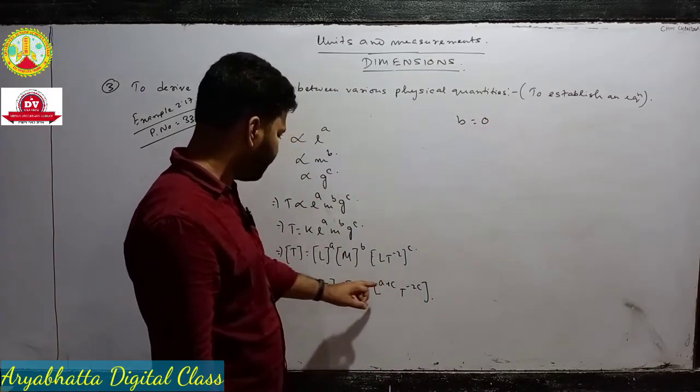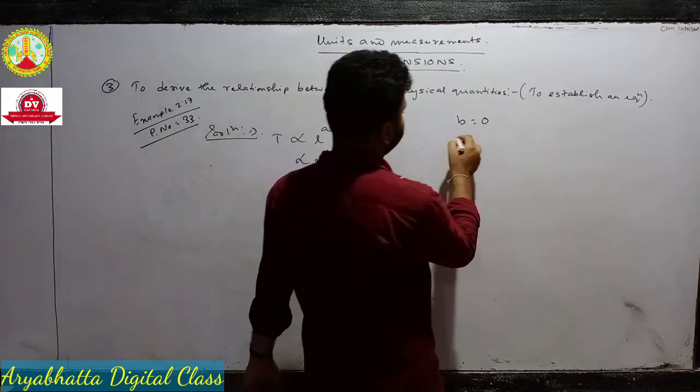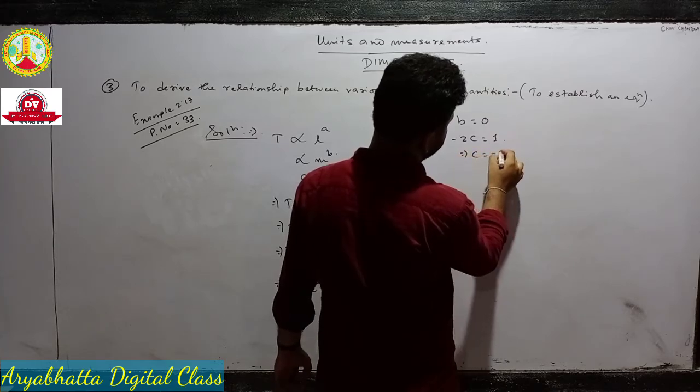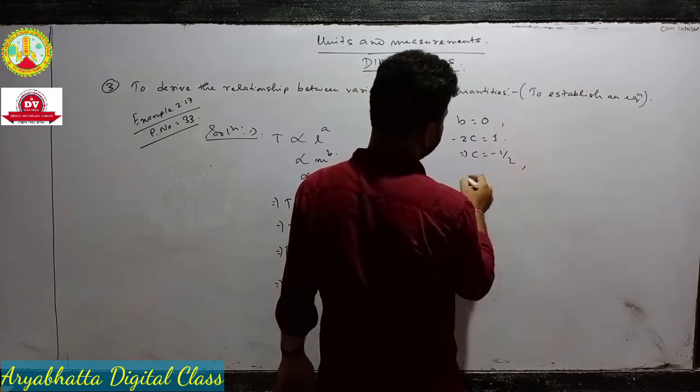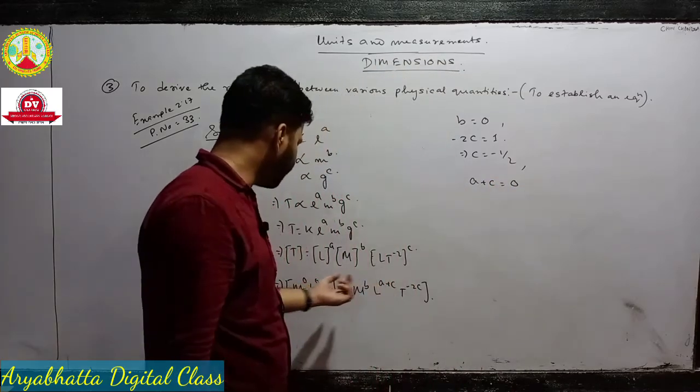A and minus twice c, T to the power what? 1. So minus twice c is equal to 1, so c is minus half. Done. And a plus c is equal to 0.